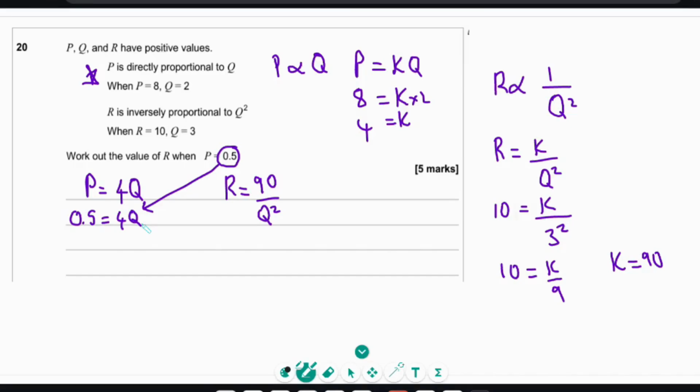Make Q the subject, divide both sides by 4. Gives us Q is equal to 1/8 or 0.125. And now I can sub that in to find R. R is equal to 90 over 0.125 squared. So R is equal to 5,760.